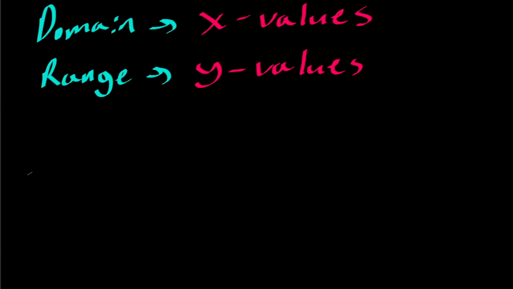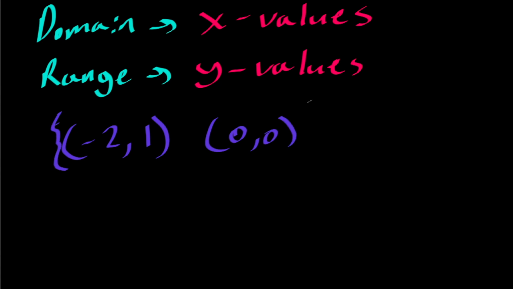Let's say I have 2 ordered pairs: (-2, 1) and (0, 0). If I wanted the domain and the range, the domain is simply the x values. Remember, in an ordered pair, the x value is the first coordinate.